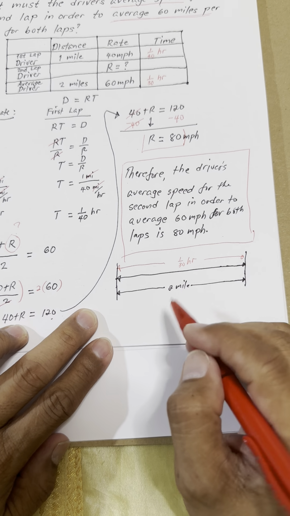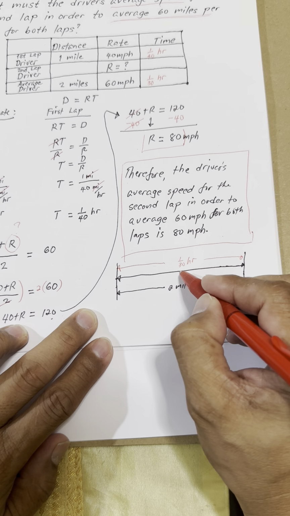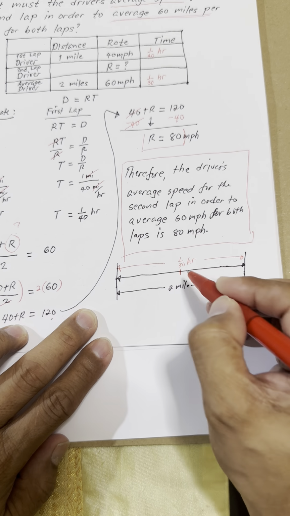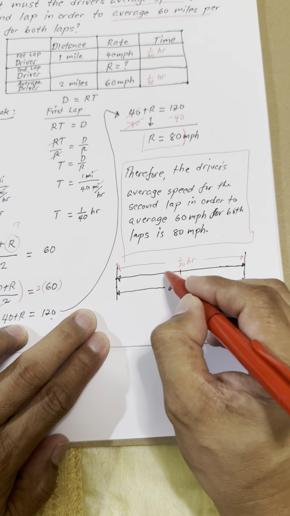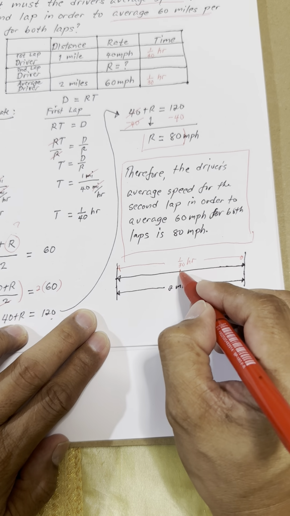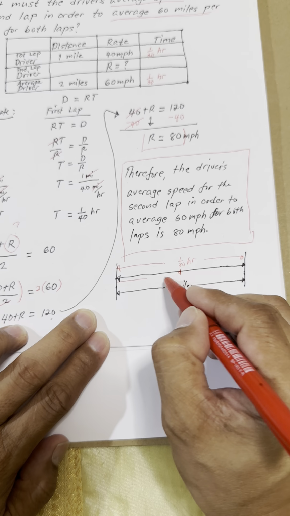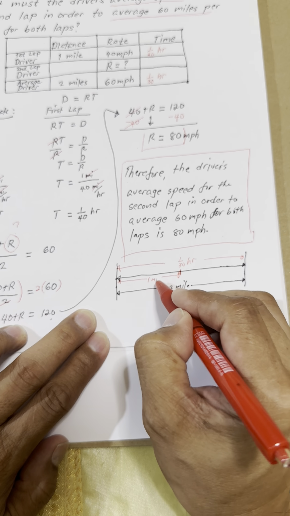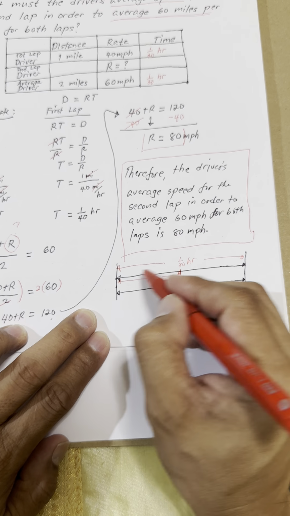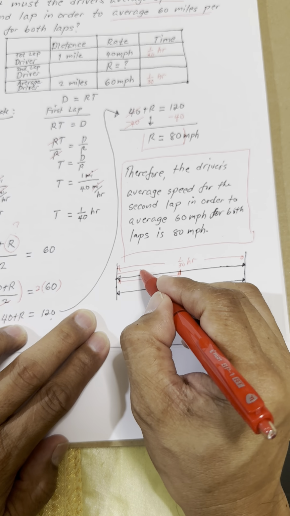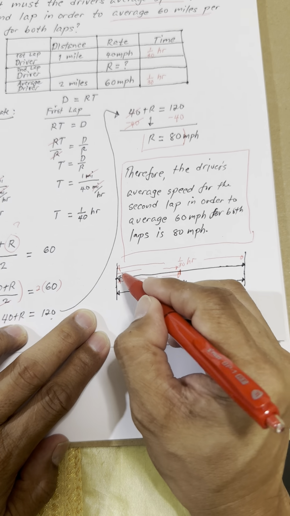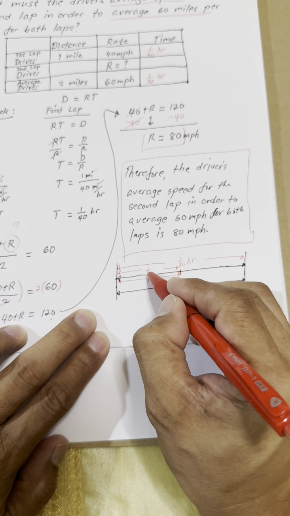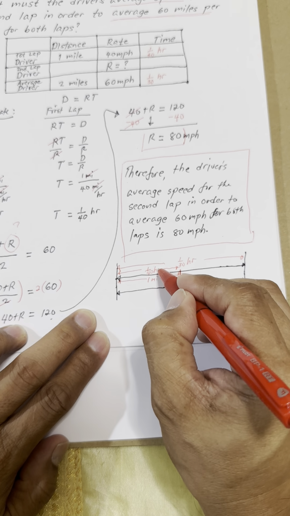Then we're given that for the first lap, this is 1 mile. So from here to this point, this is 1 mile. And then the time spent here is 1 over 40 hour.